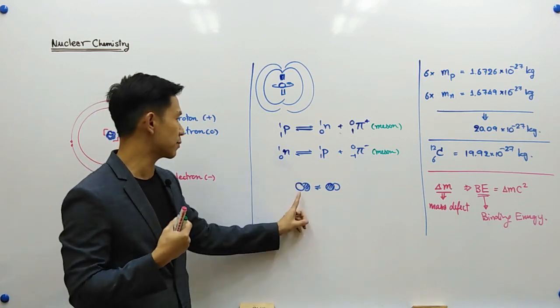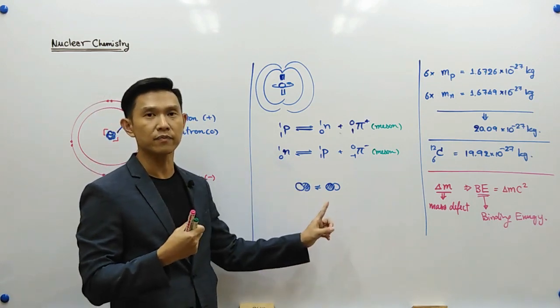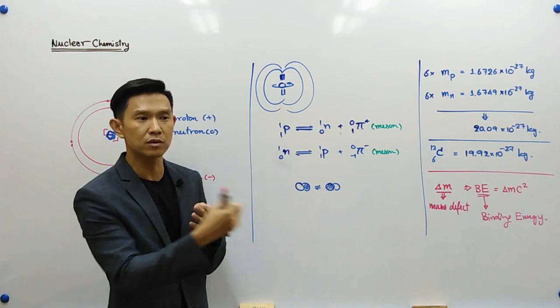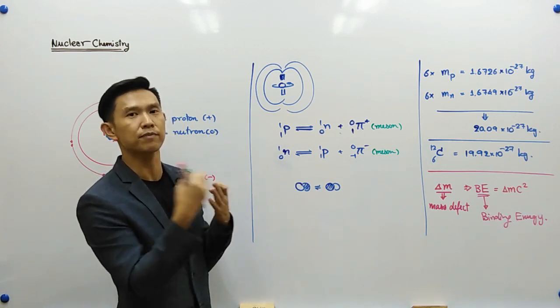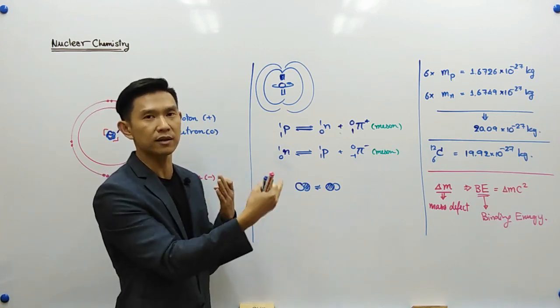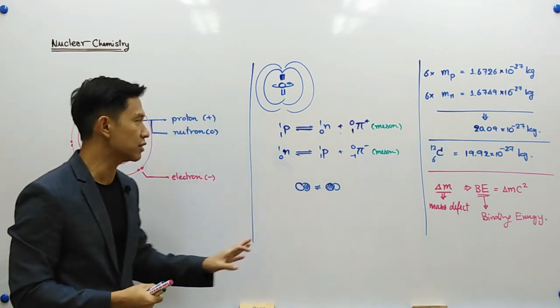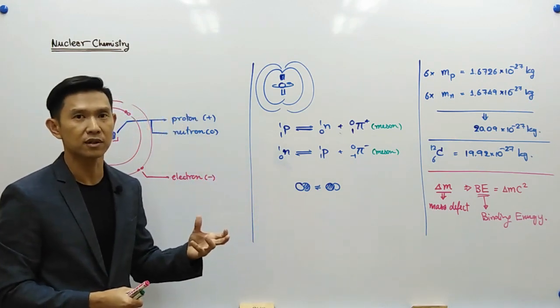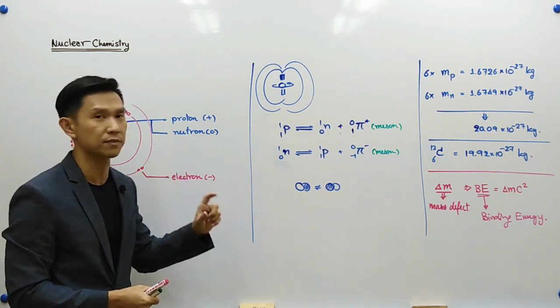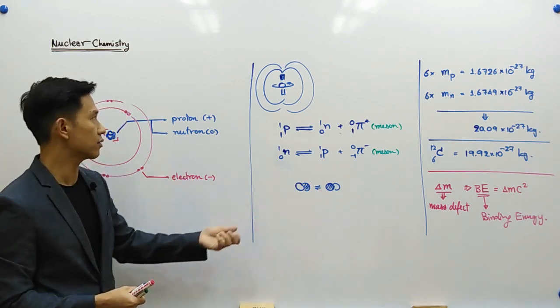Instead of the positive charge being here, it can swap places, so you move the positive charge from one place to another. It's like a resonance effect. So it reduces the electrostatic force, I would say the electrostatic potential energy, in the nucleus.